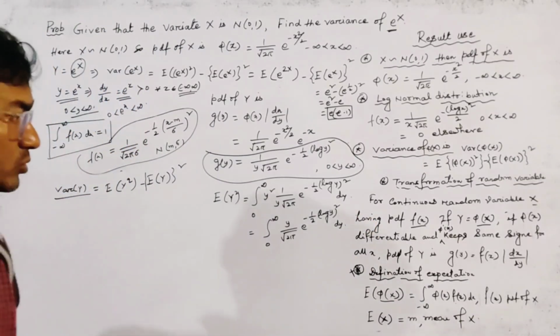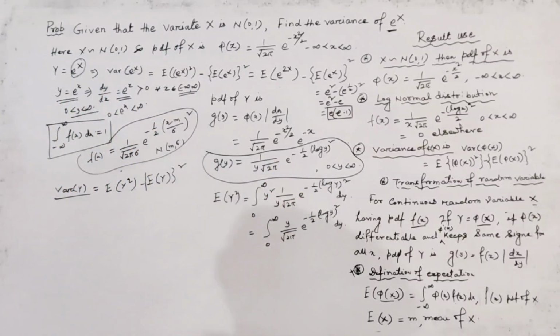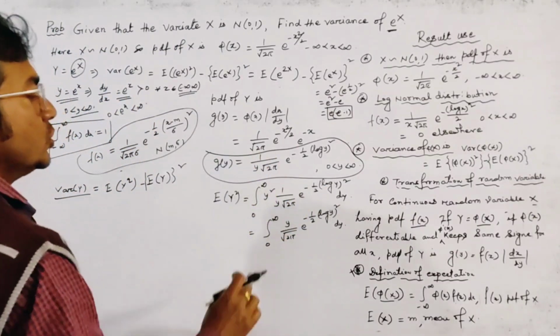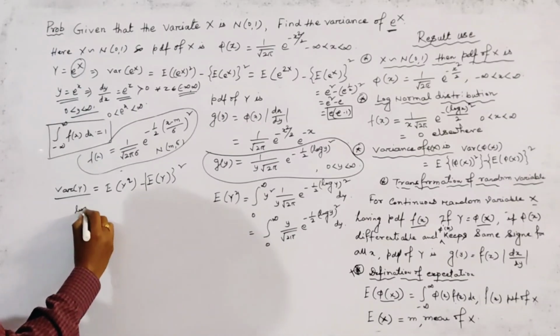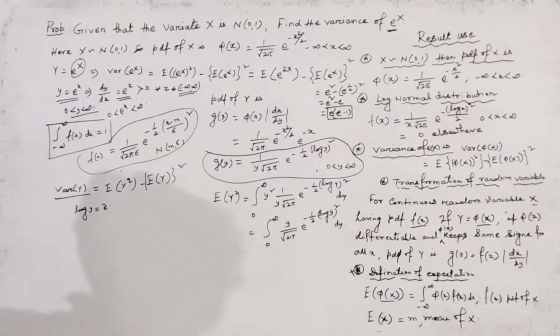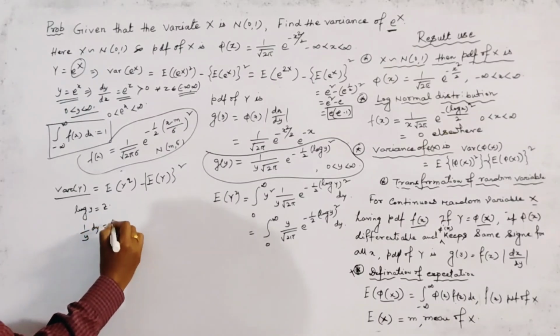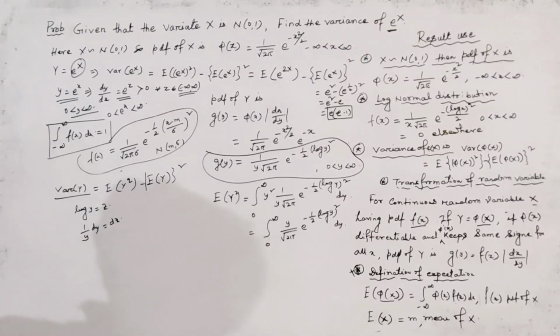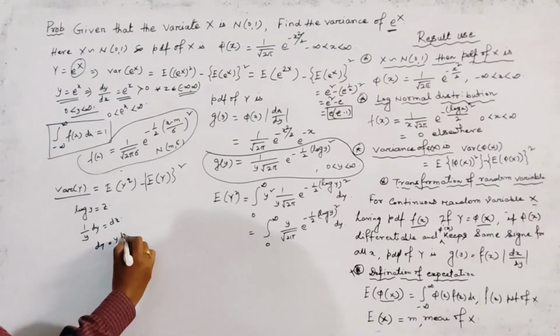Now we integrate this. To integrate this type of integration, we first put log y equal to z. Then 1 by y dy equals dz, which gives dy equals y dz.